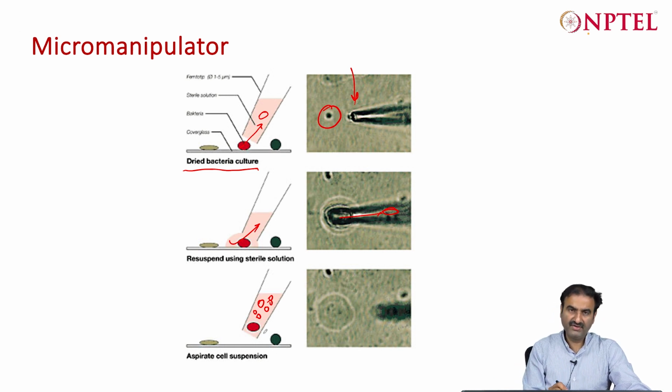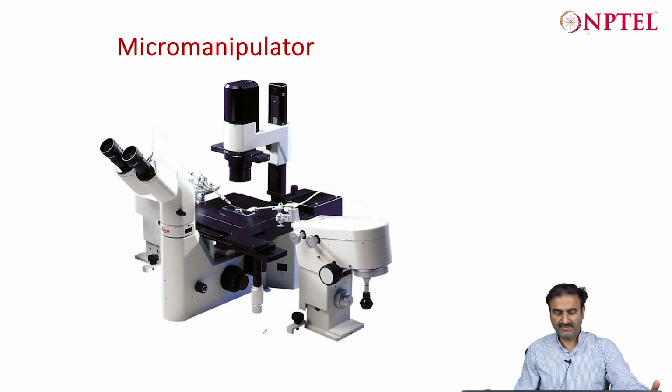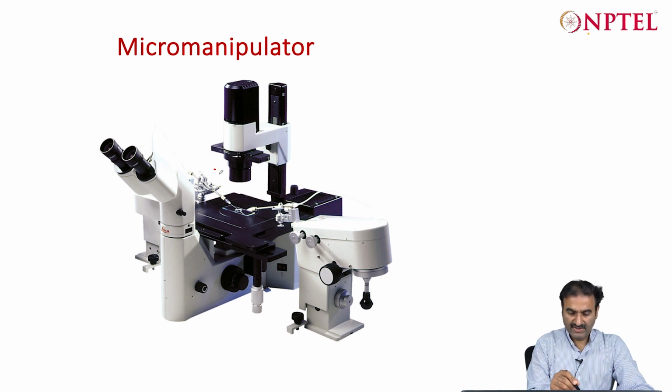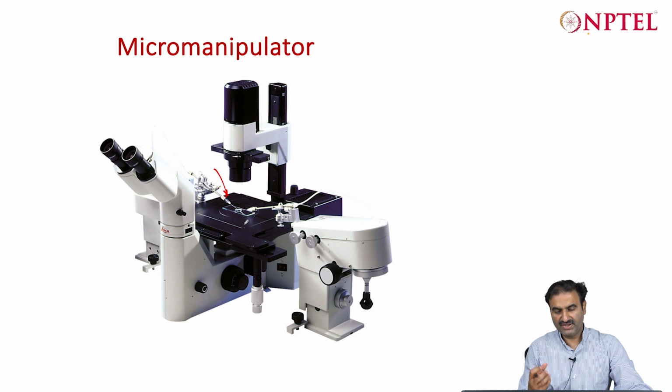The same type of cells which you are seeing under the microscope, you can pick up and extract. This is the micromanipulator, with two robotic arms and a joystick to capture the cells by looking under the microscope from here.